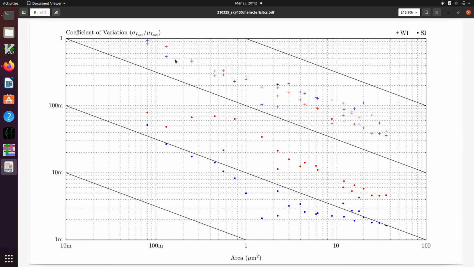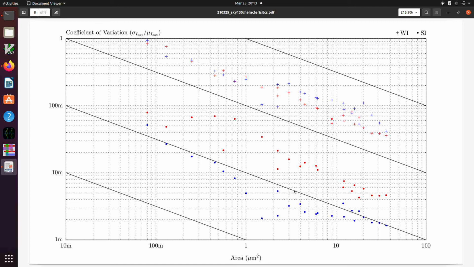We can see that there isn't any clear distinction between the NMOS and the PMOS up here. It seems like in weak inversion the mismatch is just about the same for both types of devices. But down here for the strong inversion mismatch, it seems like the pFETs are systematically better matched than the nFETs are, at least according to the mismatch models in the PDK.